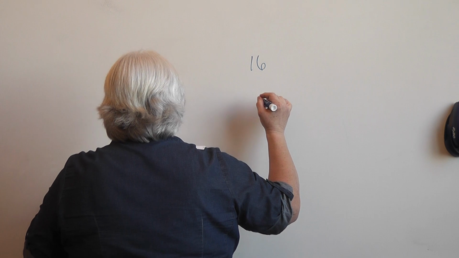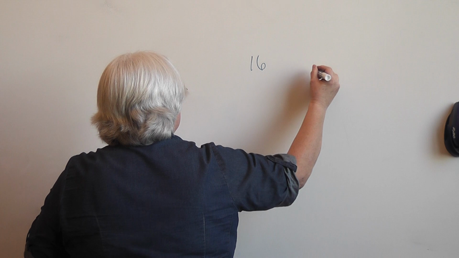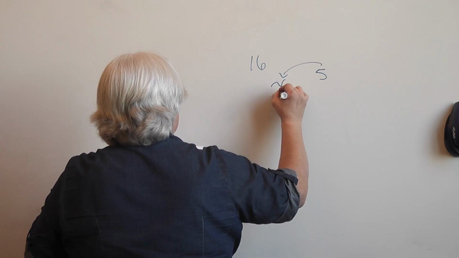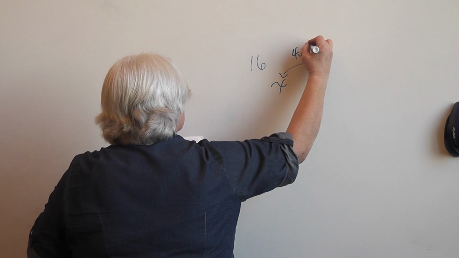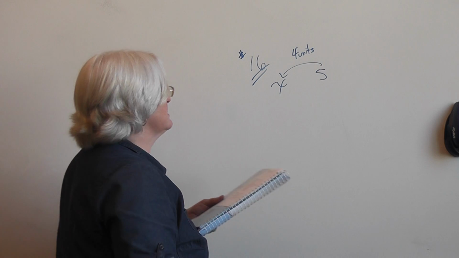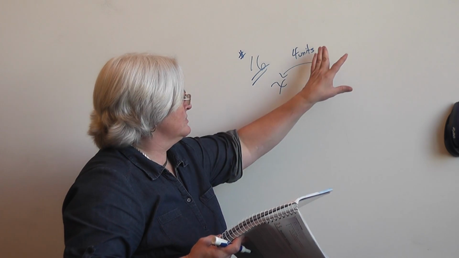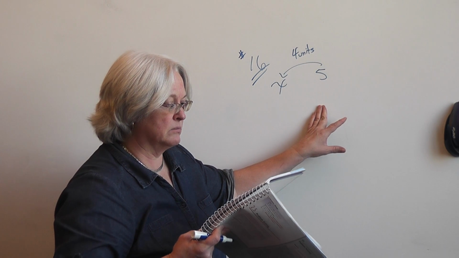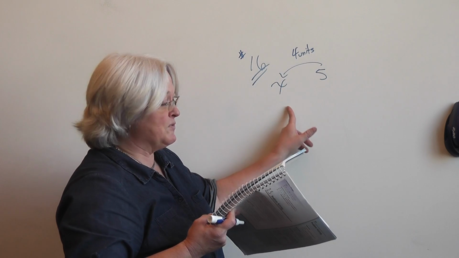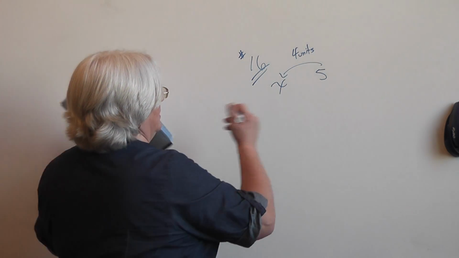This is number 16 on page 56, which you were not assigned. If 5 is 4 units from a certain number, what is the number?